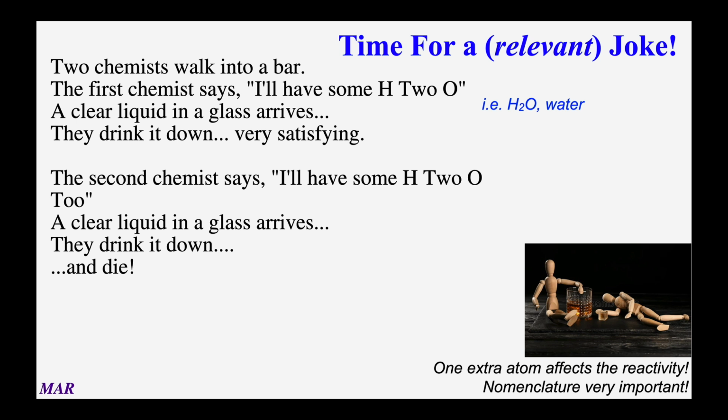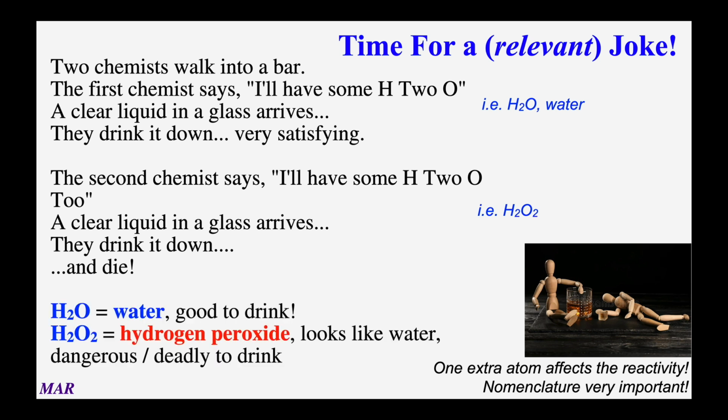Second chemist looks at that and goes, "Boy, that looks pretty good. I'll have some H2O too." Now, there's a play on words here, of course, TOO versus TWO. But anyway, a clear liquid in a glass arrives from the bartender. They drink it down and die.